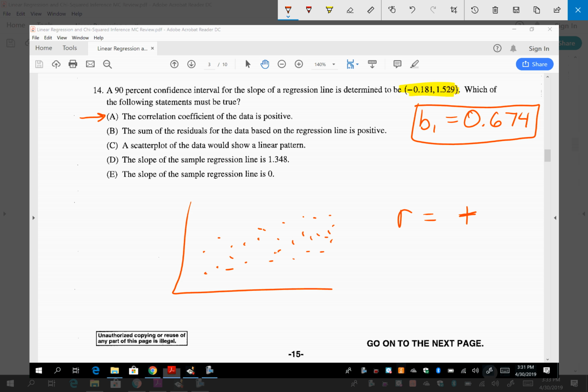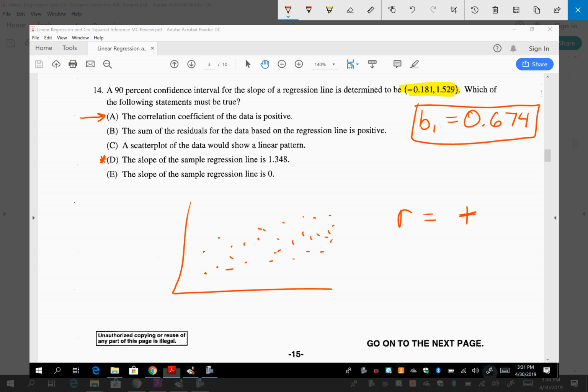I'm not sure how I would know what the sum of the residuals are without them telling me anything. A scatter plot of the data would show a linear pattern. Do I have any idea what the scatter plot looks like? No, I don't. And then they try to trick you with this. The D was trying to trick you because if you add these numbers together, you get that number.